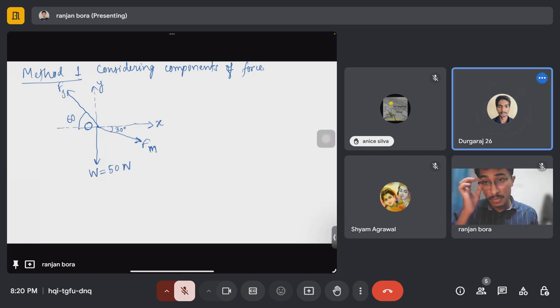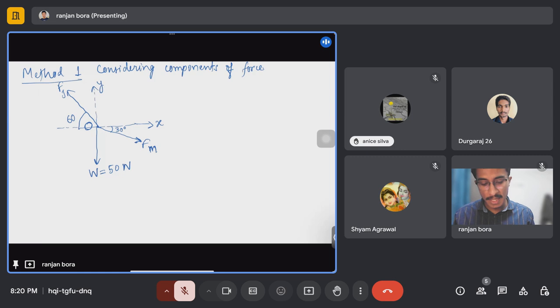So one force we know. Yes, we have two unknowns here, Fj and Fm. So to solve this problem, like I said in my previous video, to solve a mechanics problem there are some equilibrium conditions which we need to consider. We consider this as a problem of equilibrium, and the conditions for equilibrium are summation Fx equal to 0 and summation Fy equal to 0.